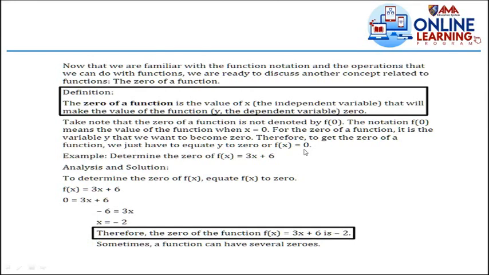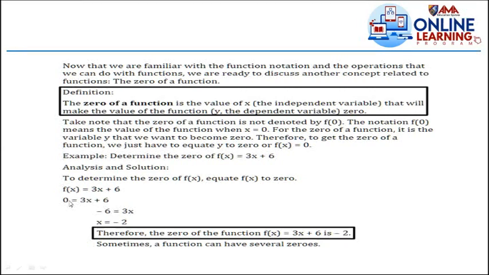Okay, so paano yung zero of functions ngayon? Example, determine the zero of f of x is equal to 3x plus 6. Analysis and solution. To determine the zero of f of x, equate f of x to 0. F of x equal to 3x plus 6.